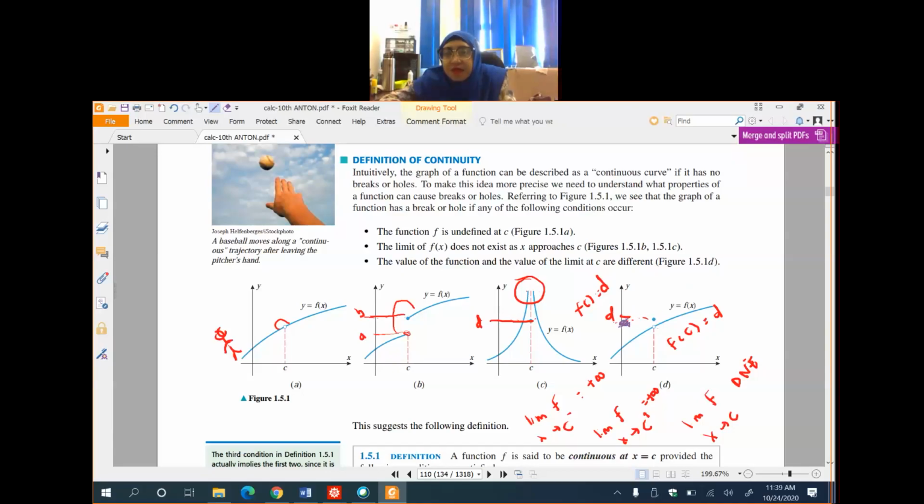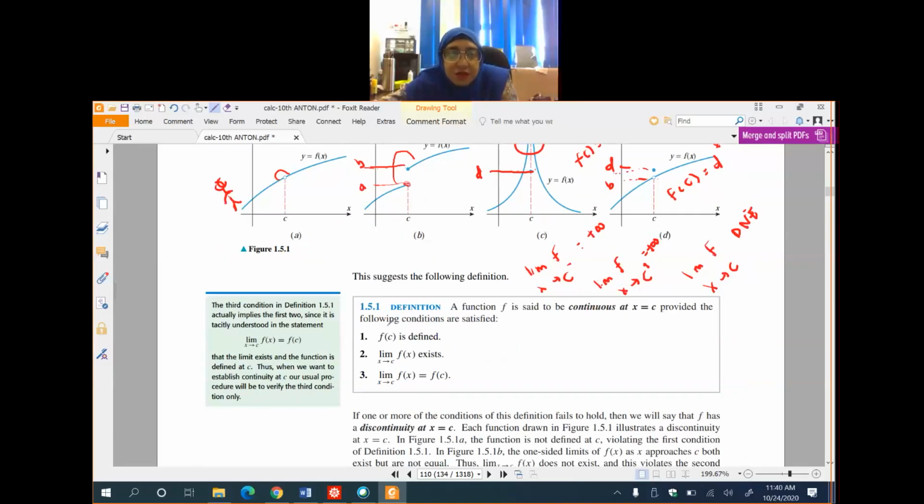So the limit of f as x tends to c, from the left as well as from the right, is equal to, let's say, b. And b is not equal to d. So that's why this function is not continuous. The limit of f as x tends to c must be equal to f of c in order for the function to be continuous.